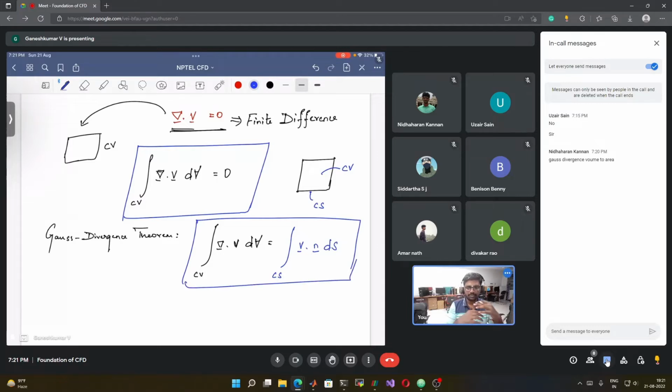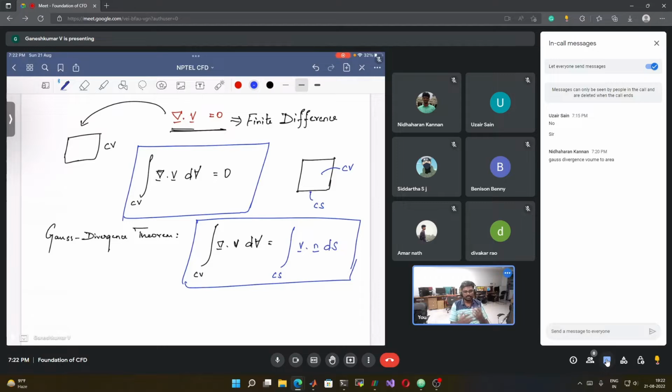Your differential equation is specified when delta x tends to 0, or for a point in your domain. But the integral equation is for a whole control volume. So what you are doing essentially is integrating the continuity equation for a control volume.